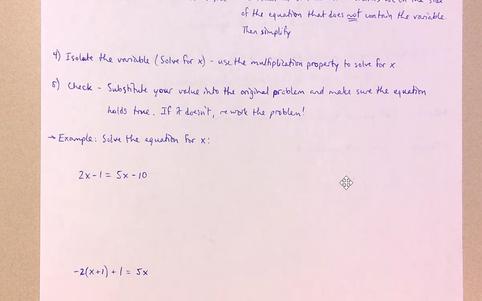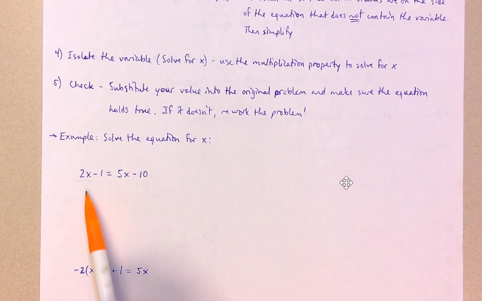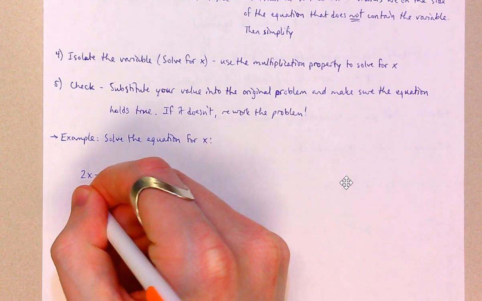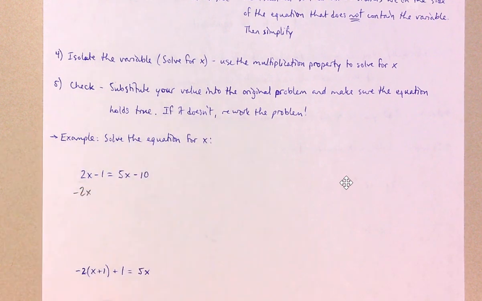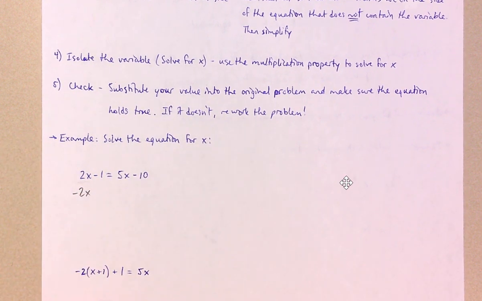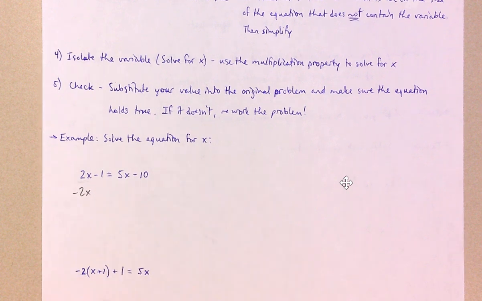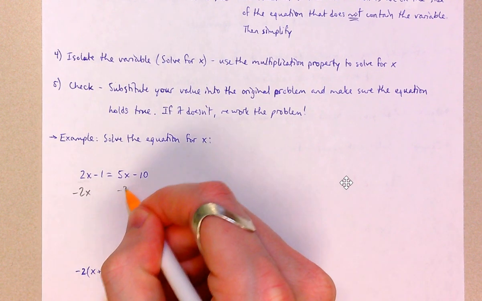I personally, though, am going to choose to get all the x's on my right-hand side. So I want to take this 2x and get it to vanish from the left-hand side. So how do I do that? Well, if I subtract 2x, then I'll have 2x minus 2x. That gives me 0. But what I do to one side, I do to the other.